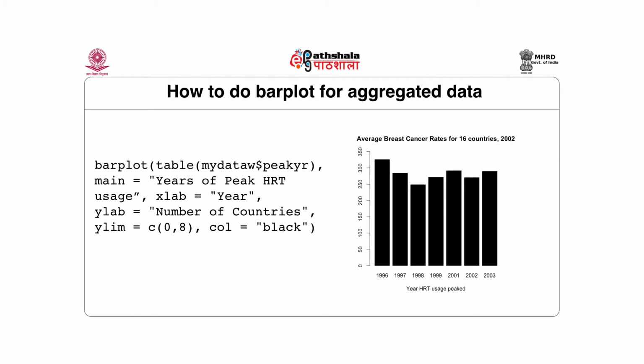It's very simple. Instead of using only counts of the countries, this time we have selected the average breast cancer rate for the 16 countries. And here you can see that that can be put in the format of a bar plot. In the next example, we're going to take a look at a continuous variable.